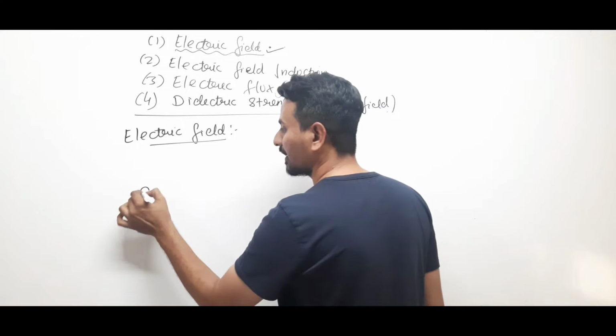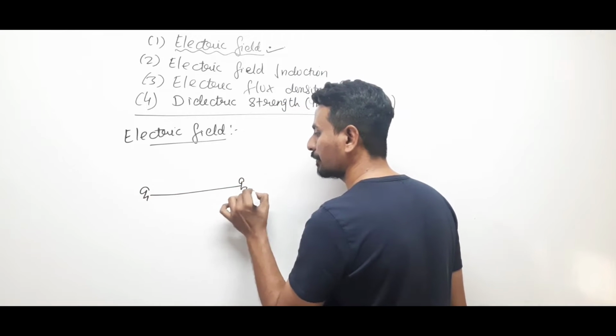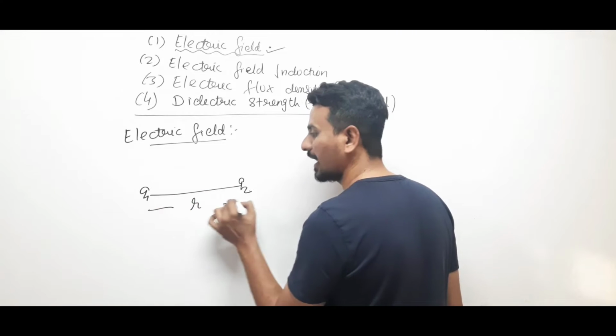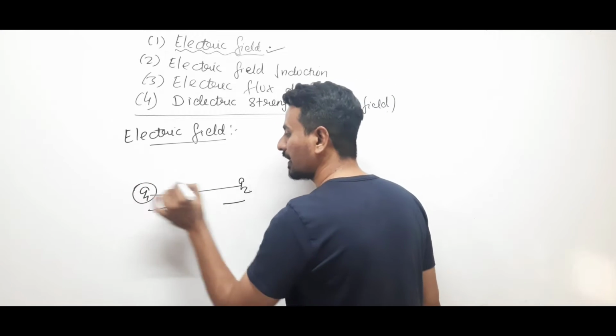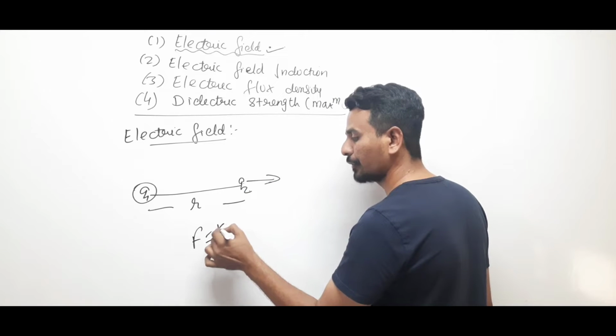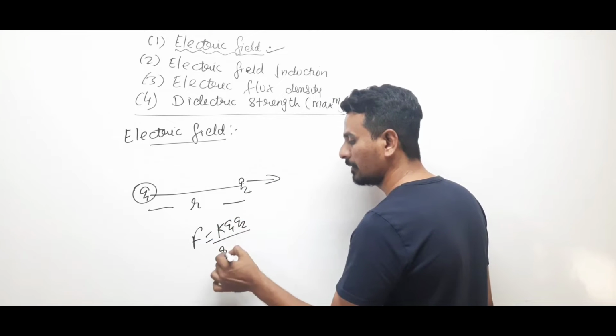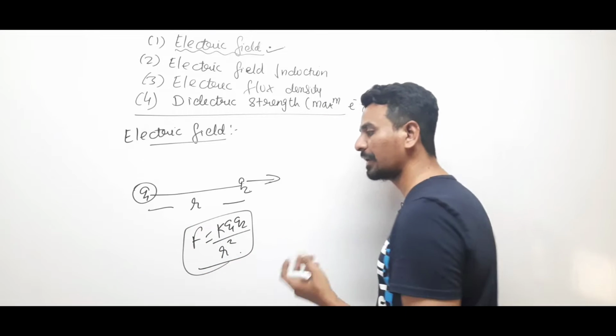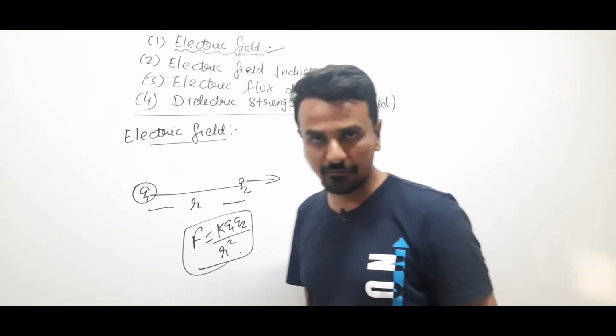Suppose Q1 is placed here, Q2 is placed here, and the separation between them is r. Q1 will repel Q2 with a force equal to kQ1Q2 by r square. I'm not explaining Coulomb's law, but the electric field.